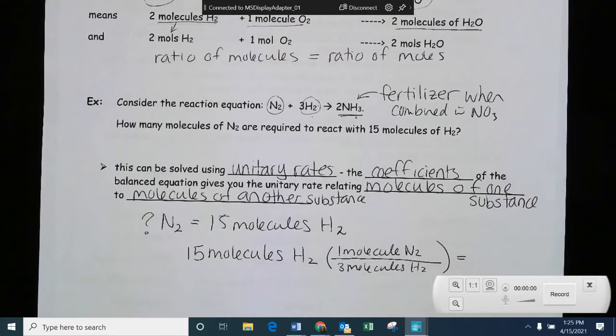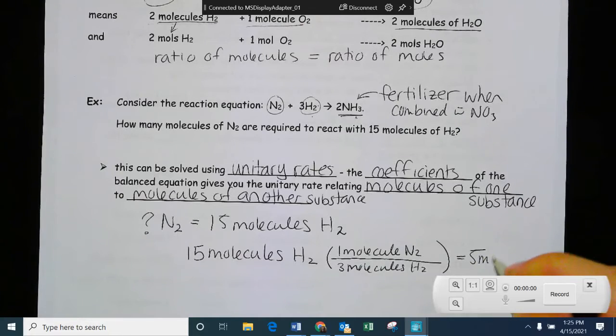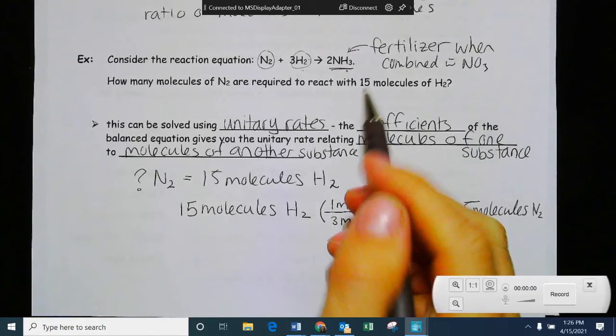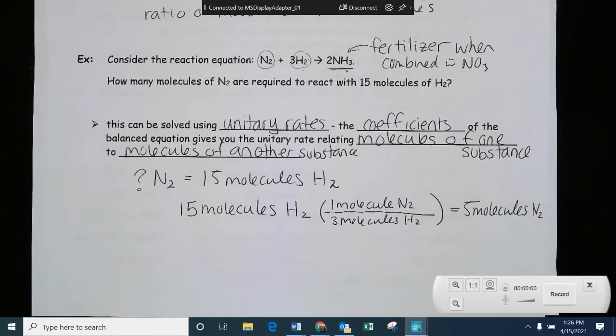When we do 15 divided by 3, we end up needing 5 molecules of N2. So if we want to make 2 ammonia, we need 15 hydrogen molecules and 5 nitrogen molecules.